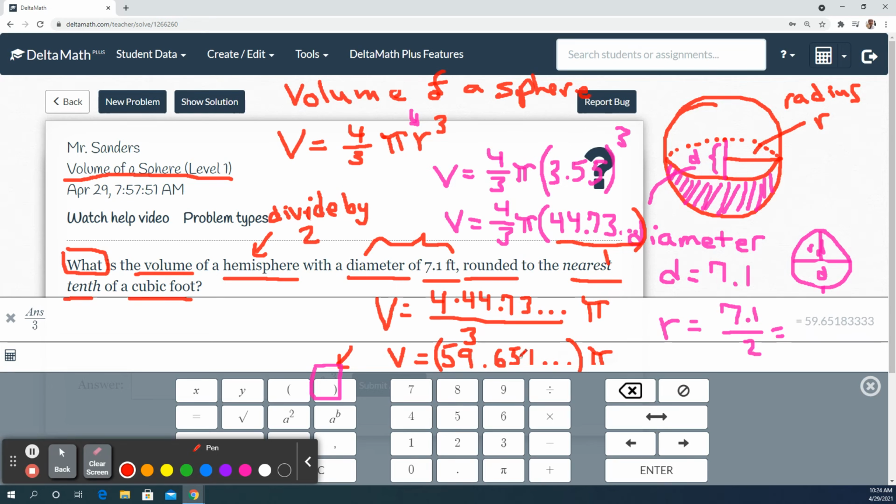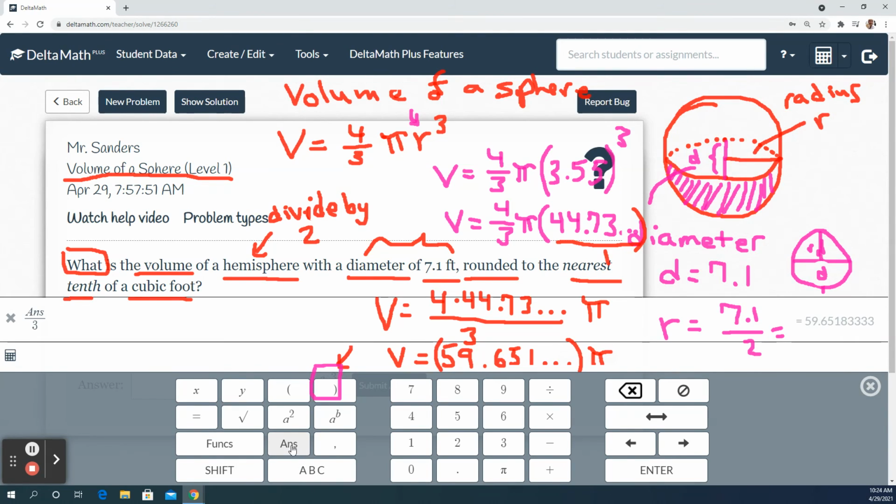Let's just go ahead and finish it off. Now I am going to multiply by pi. I'm going to take that answer times pi. There it is right there.